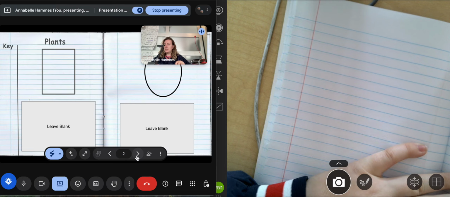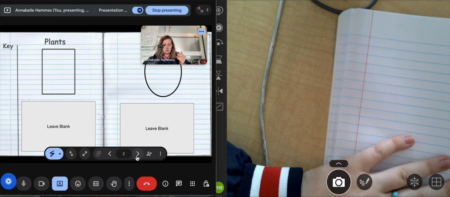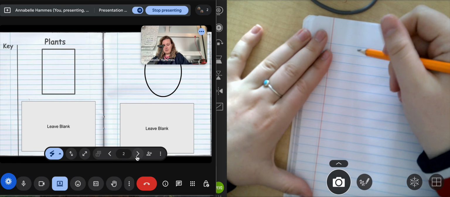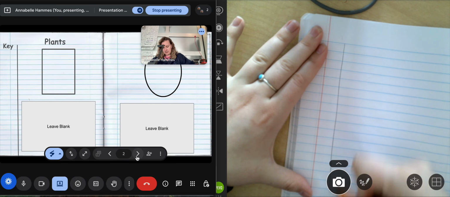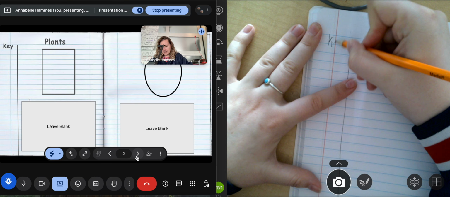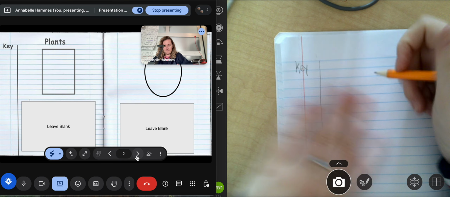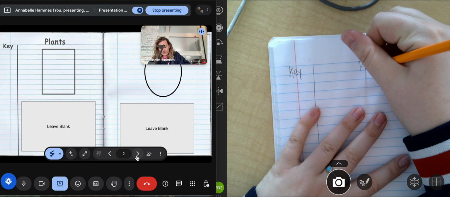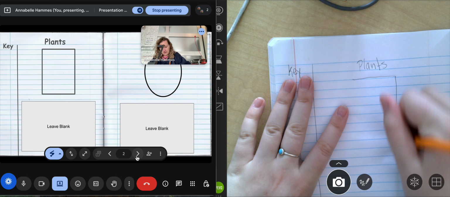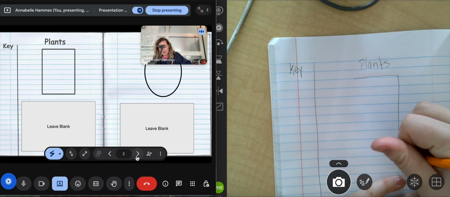So this is what we're going to start with today. Okay, we're going to draw a line down this side. That is our key. Over here we have plants and a box.